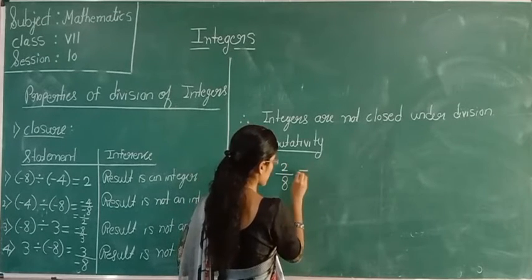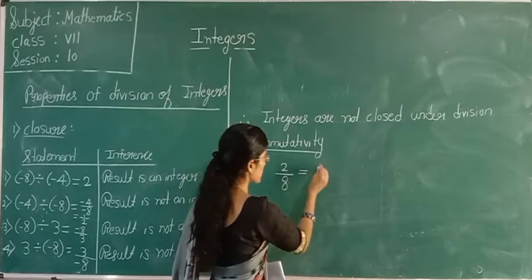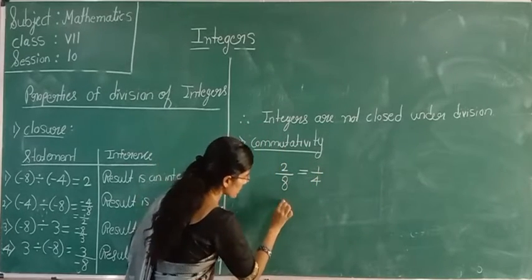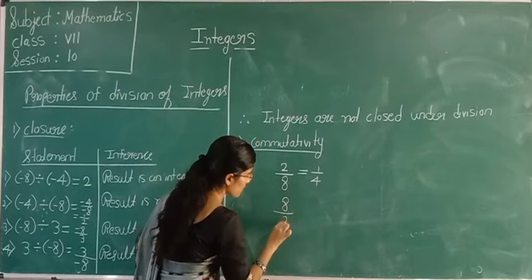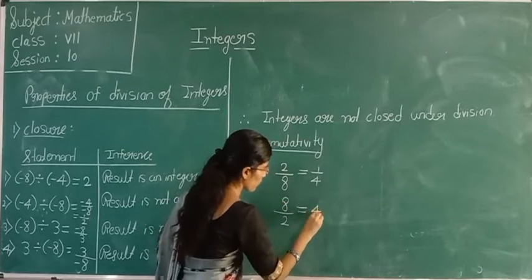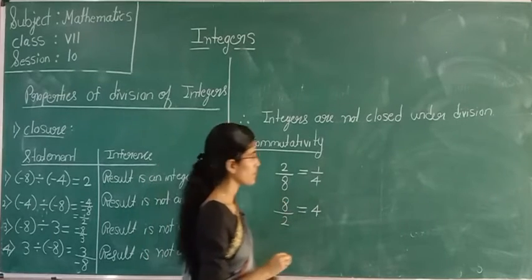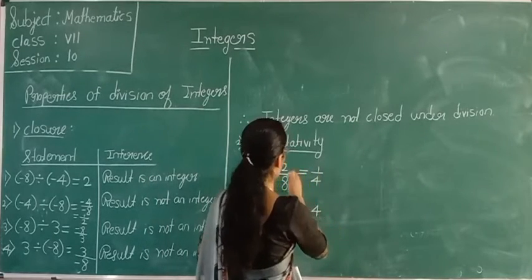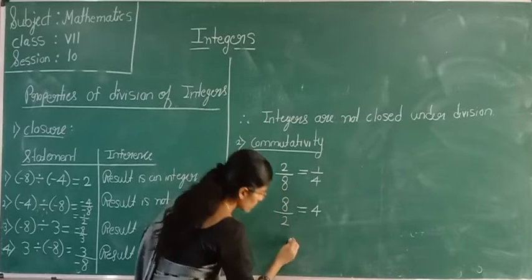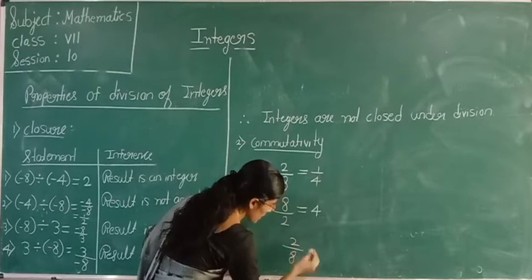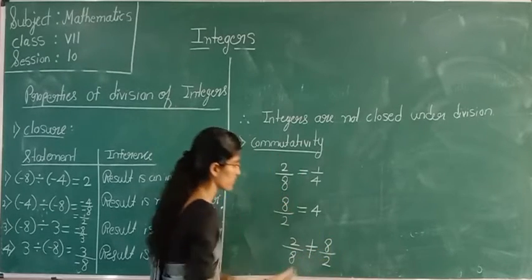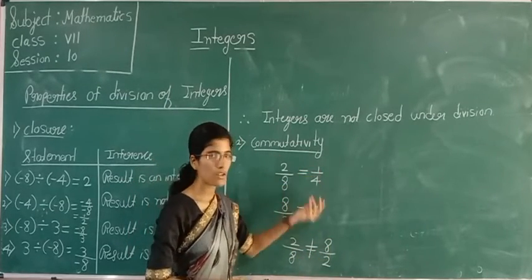What is the answer we are getting? It is 1 by 4. Now if I do 8 divided by 2, it is coming 4. Is 2 divided by 8 equal to 8 divided by 2? No, 2 divided by 8 is not equal to 8 divided by 2, because we are getting different answers.